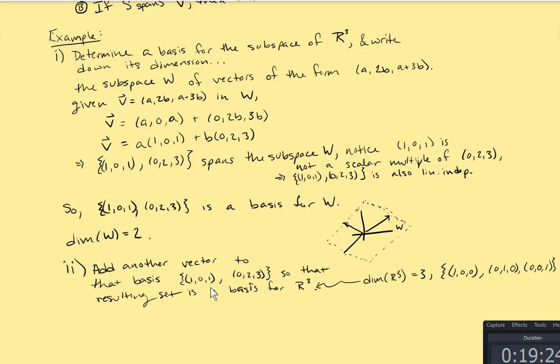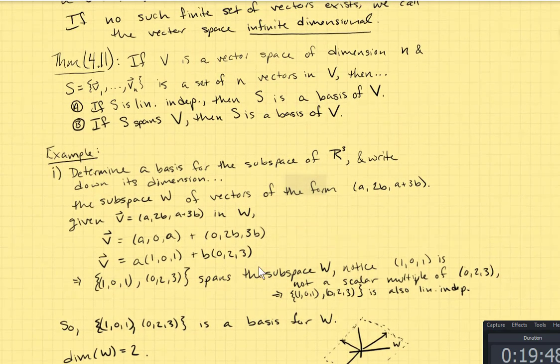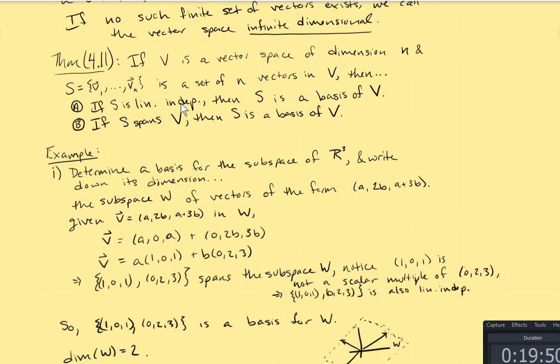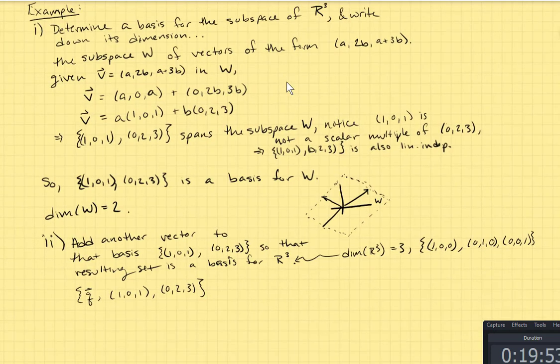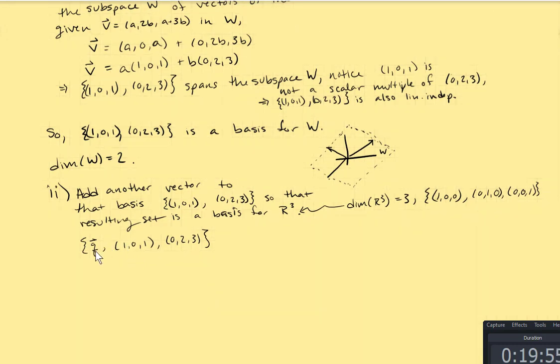So long as we have a set of 3 vectors in R3, and I'll call that missing vector q, as long as q is linearly independent with the other 2 combined, we know, according to the theorem above, that so long as our set is linearly independent, that will be a basis, since we've got the right number of vectors, 3 of them: q, (1, 0, 1), (0, 2, 3).